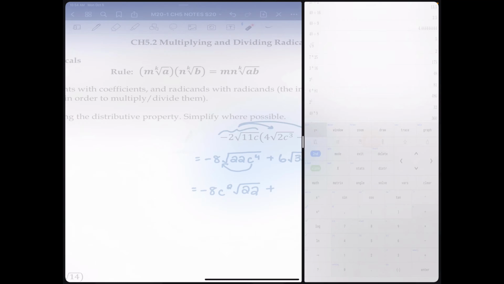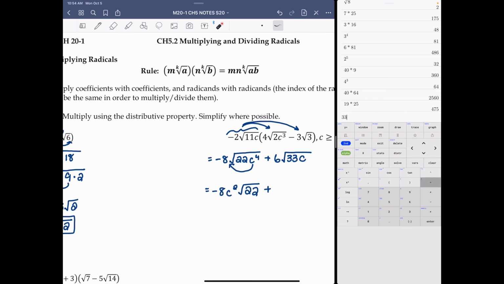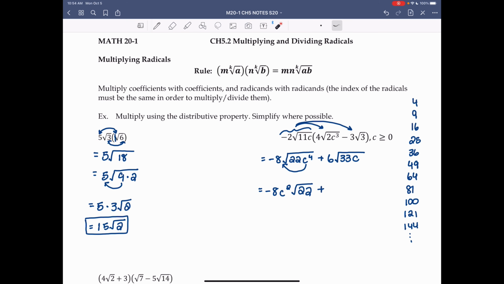Don't think so. 33 divided by 16 we get a decimal. 33 divided by 9 doesn't work, we get a decimal. 33 divided by 4 doesn't work, we get a decimal. So again, that just means that the square root of 33 can't be simplified. So we are left with 6 square root 33c.